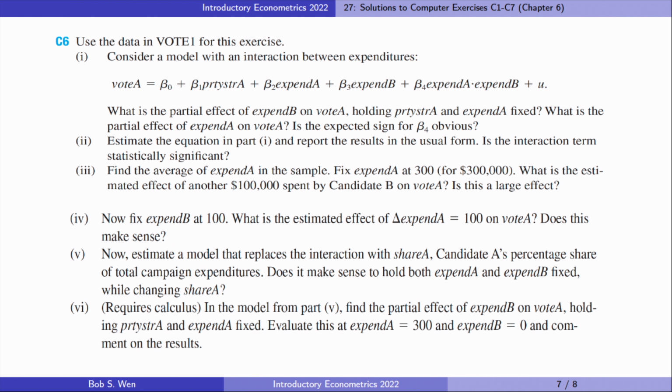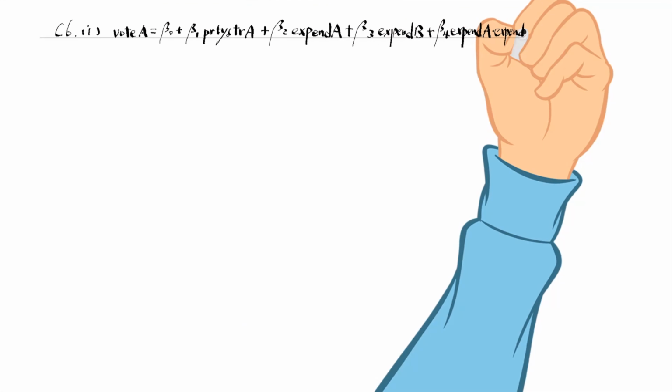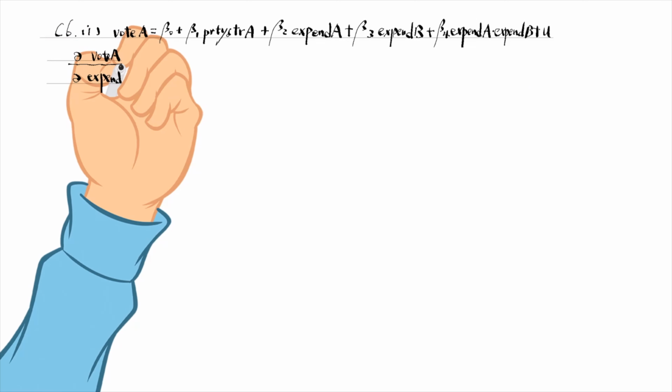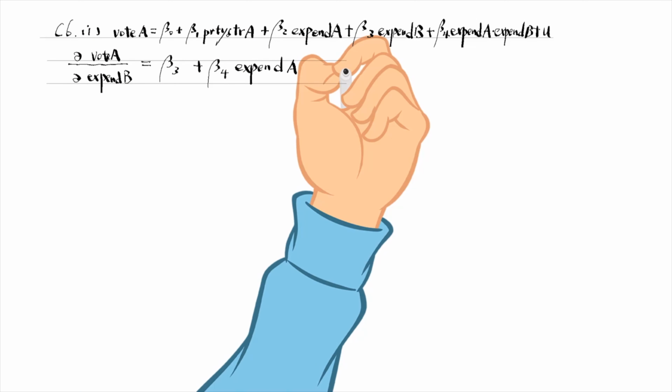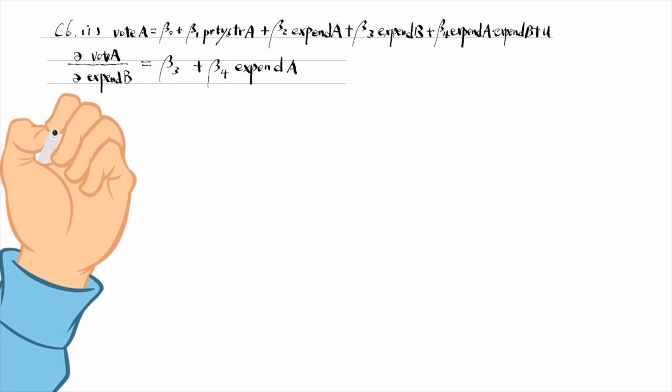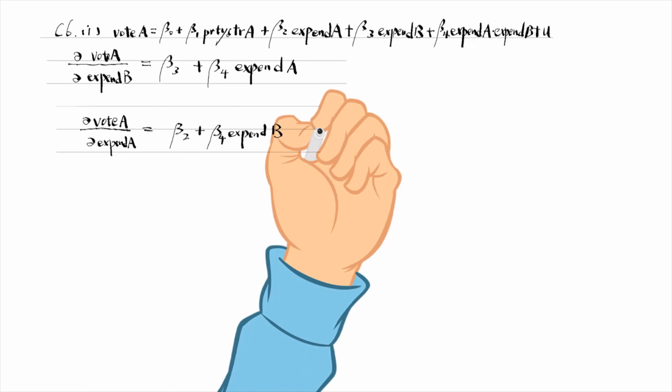Let's do exercise 6. The partial effect of expenditure by B on the vote for A is related to the expenditure by A. The partial effect of expenditure by A on the vote for herself is also a function of the expenditure by B. From the second equation, beta 4 should be negative.